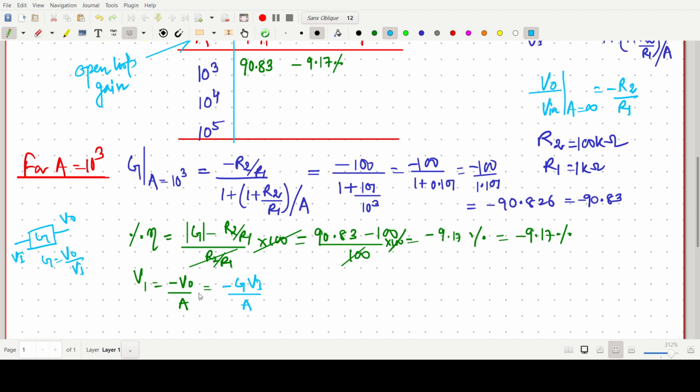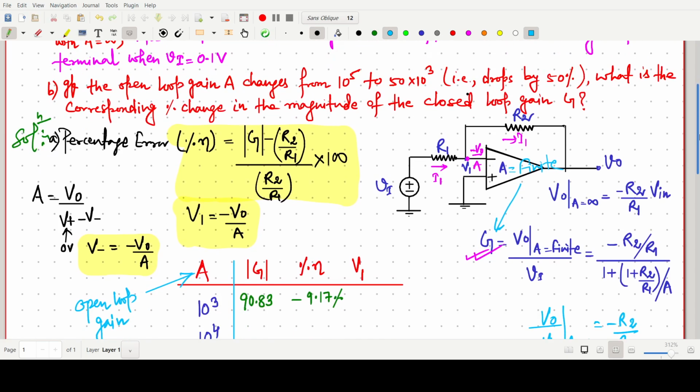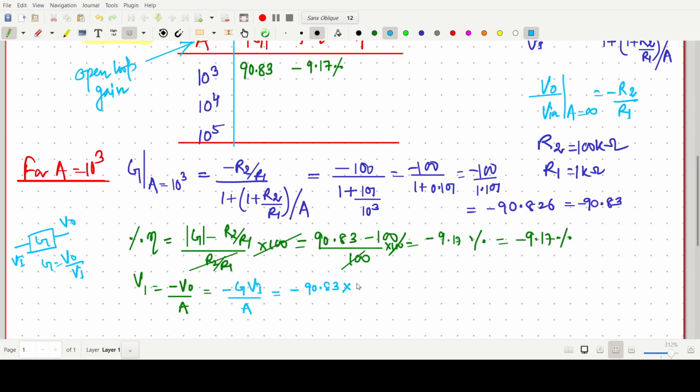So V naught equals minus G times Vi by A. Now directly we can write G, which we calculated as 90.83, into Vi. Vi is given as 0.1 volt, divided by 10 to the power 3.